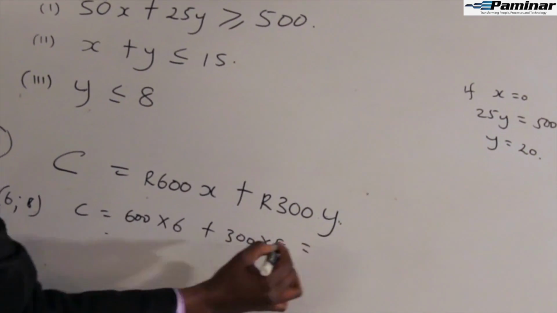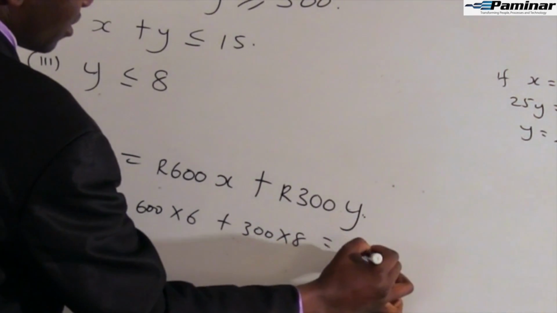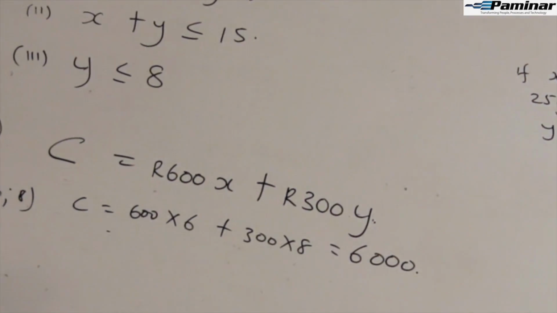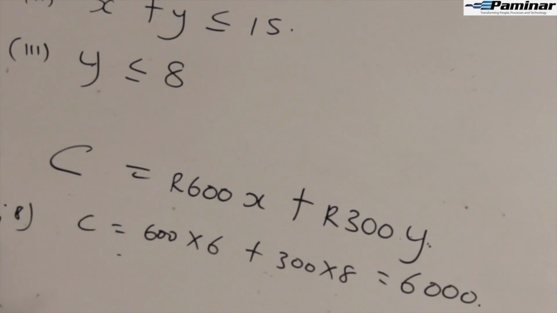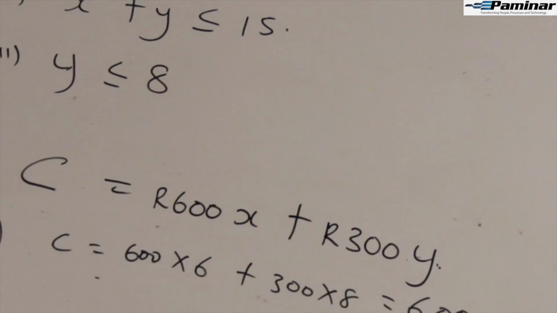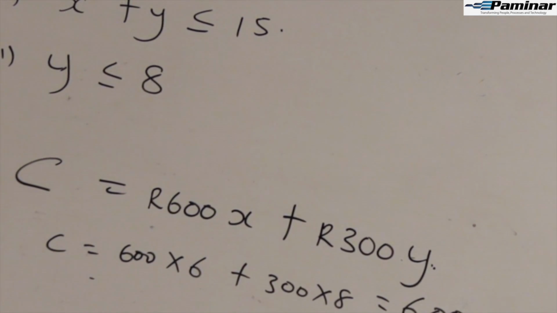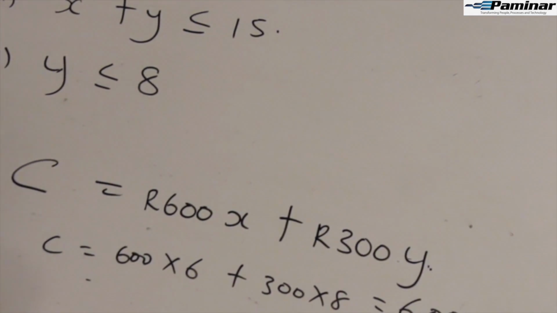What are we going to have? We are looking at the minimum cost of hiring. What is that? 6,000. Yes, 6,000.